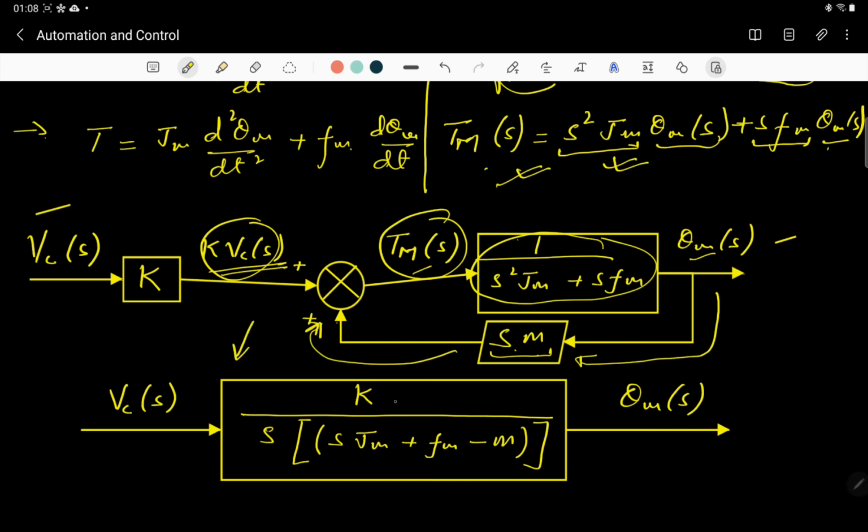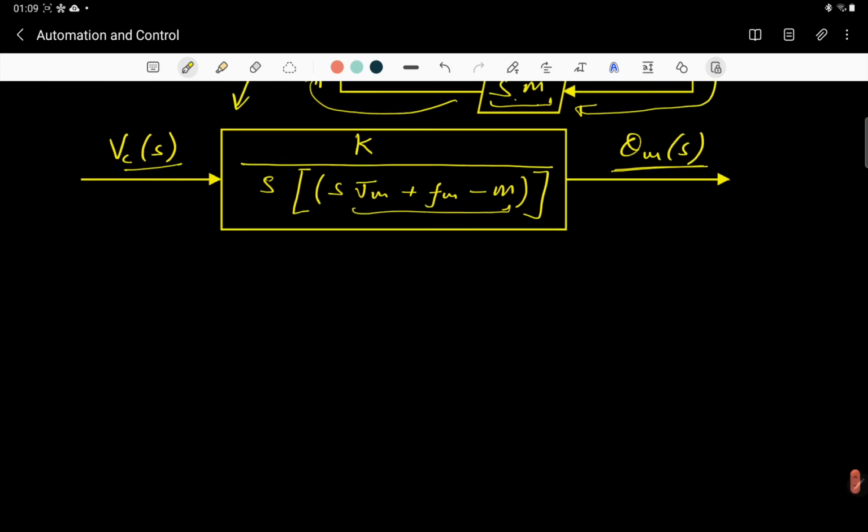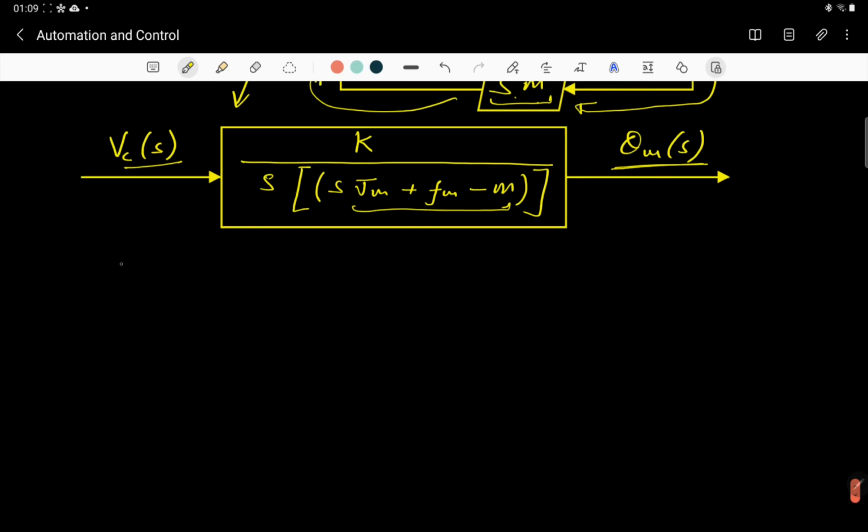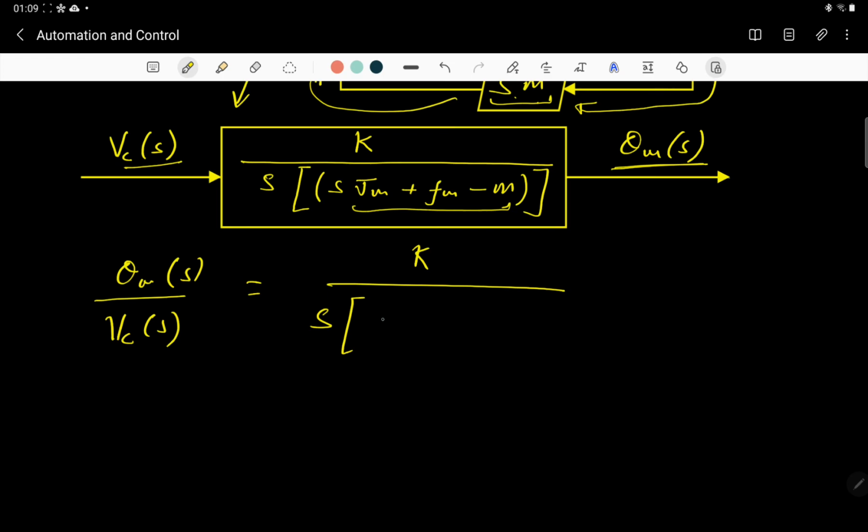So we have got K over s (s Jm plus fm minus m). So this is simply giving the transfer function. Let us write down the equation: theta m(s) upon Vc(s) is equal to K upon s in bracket (s Jm plus fm minus m).